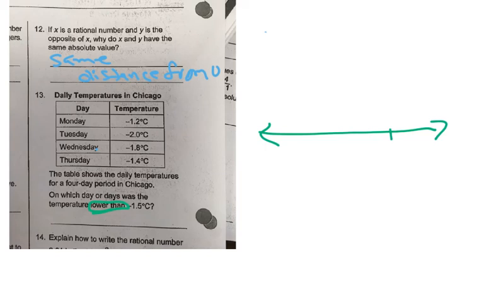Okay, and here's 0, here's -1, here's -2. That means that this is -1.5, right? And I'm looking for any one that is lower than this right here, and I'm going to make that point yellow. Lower, meaning it is colder than -1.5. That means it's going to have to be to the left of -1.5.